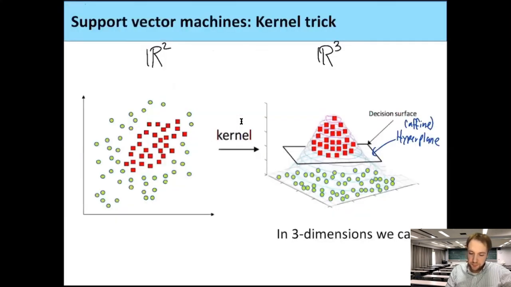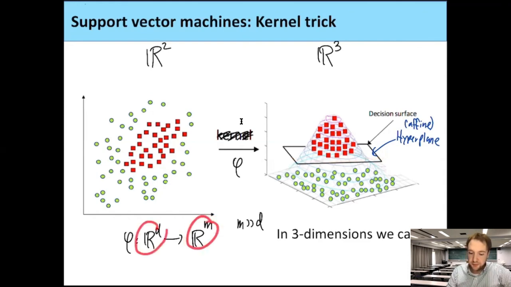So actually this wording here is not quite correct. We will consider some map phi from R^d to R^M, where M is maybe really, really big, much larger than d. And in R^M we can separate these things by a hyperplane, but actually we will not be interested in the value of our vectors in this space.